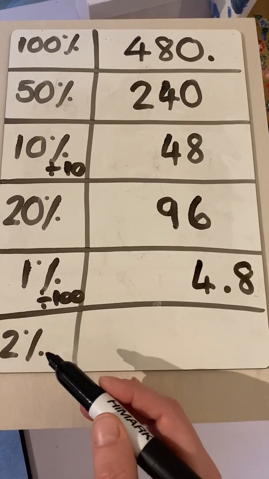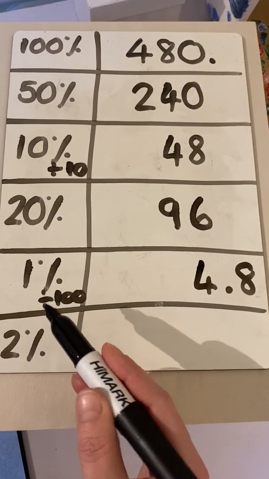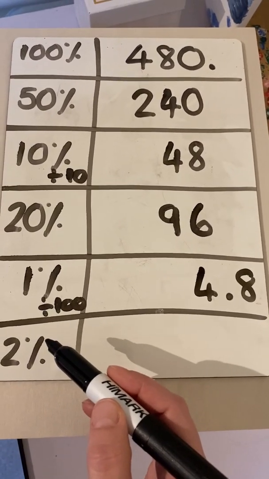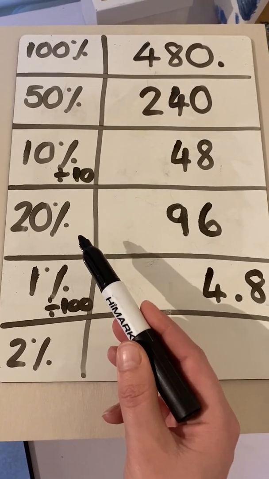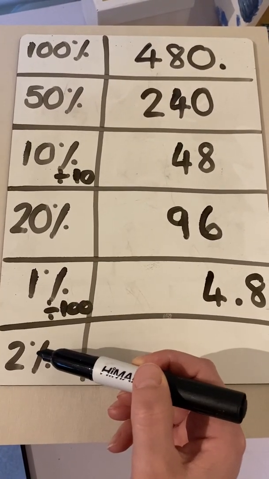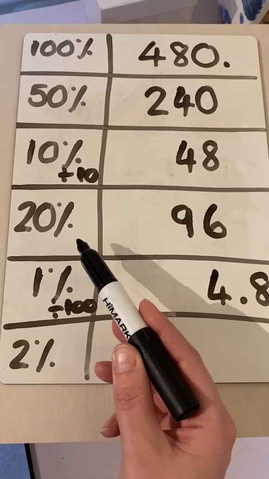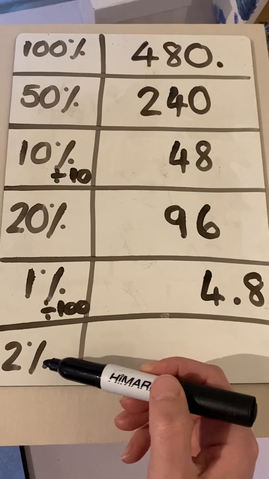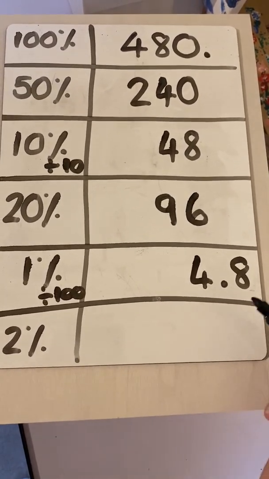Now to find my 2%, I've got two options here. Either I can double my 1%, or if I'm clever, I could look at my 20% and I could say I know that there are 10 2s in 20%, so I can divide this by 10 to get to 2, which in some cases might be easier, particularly if you know you're going to go into your decimals.